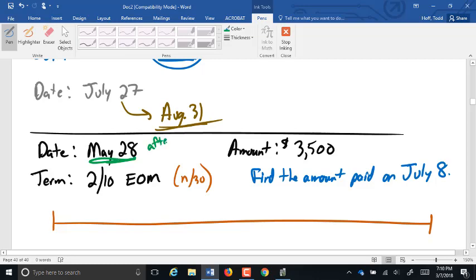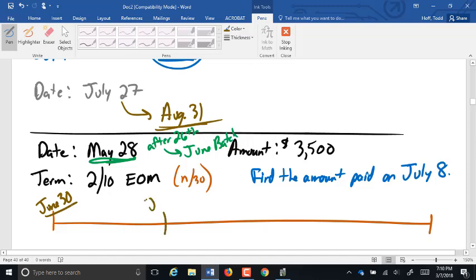No, it is after the 26th. So that goes into the June batch. And the June batch is dated the last day of June, which is June 30th. The rest of this is pretty simple.